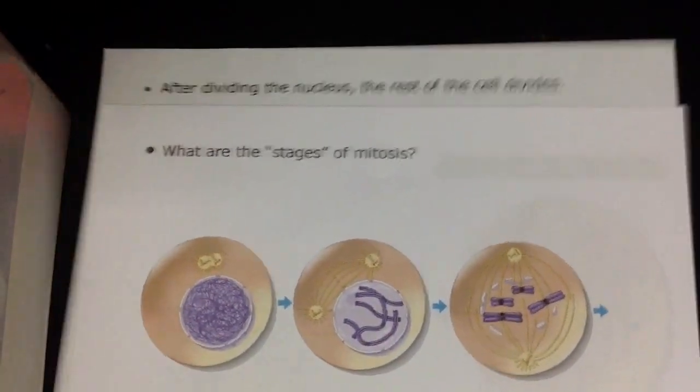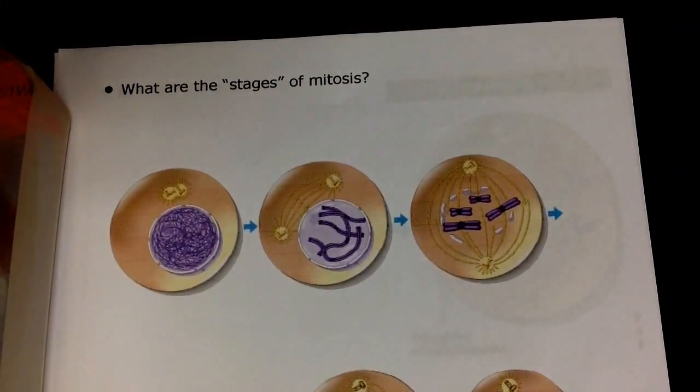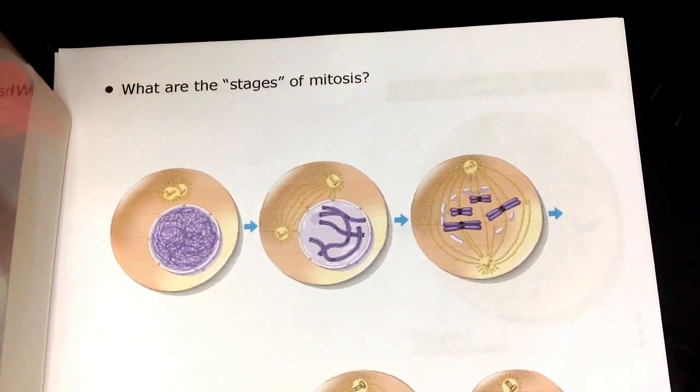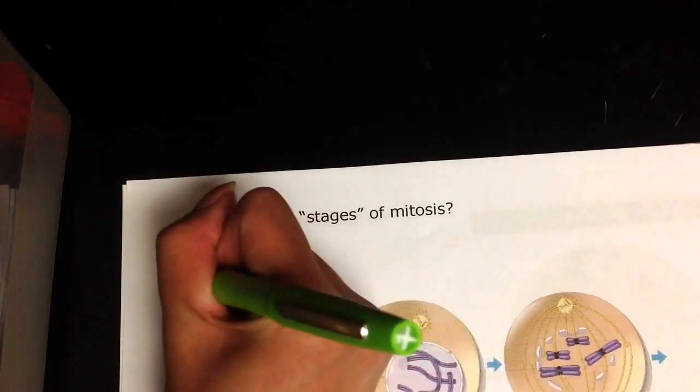So now we need to look at the stages of mitosis, okay? In the stages of mitosis, we're going to start with interphase. So in this first cell, we're going to be in interphase.